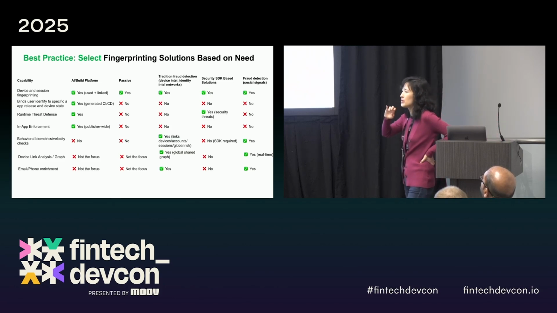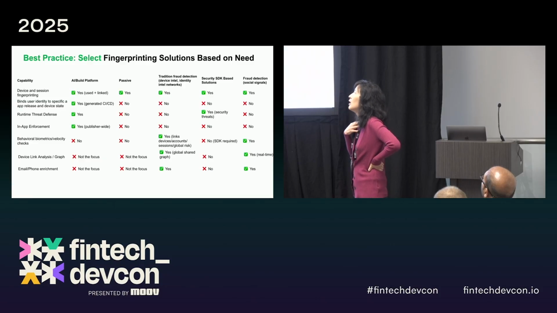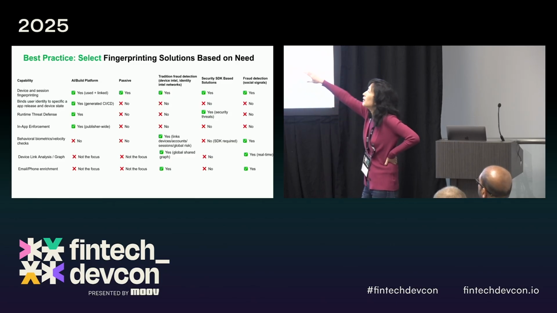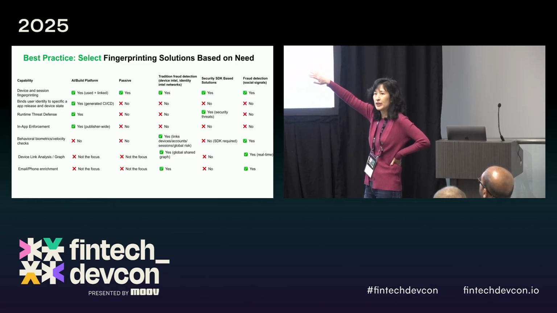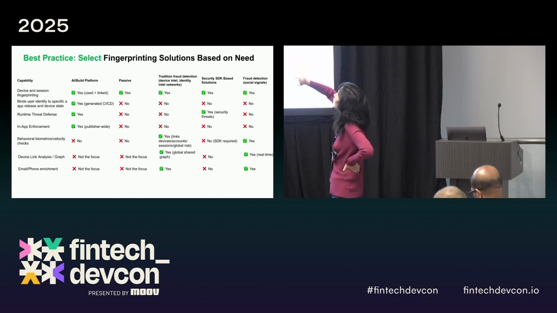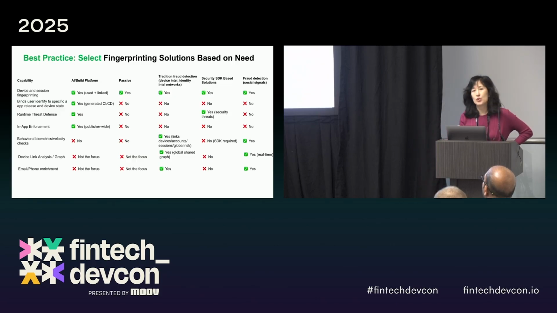What I found is just with the existing solutions out there, especially with the fingerprinting, all solutions have some kind of device and session fingerprinting. So that's the passive solutions, the traditional fraud detection solutions and so forth. But not all have a way of binding the user identity to the specific app release and device state.